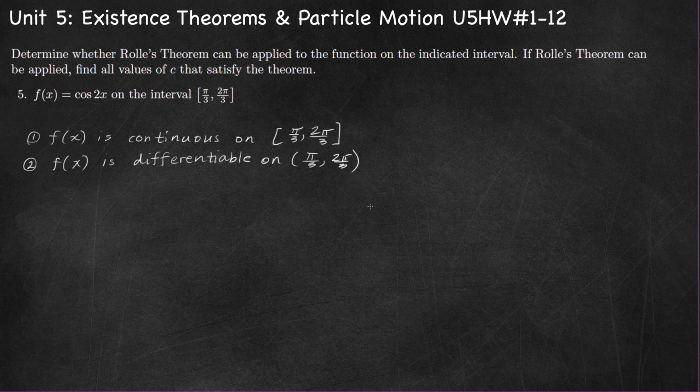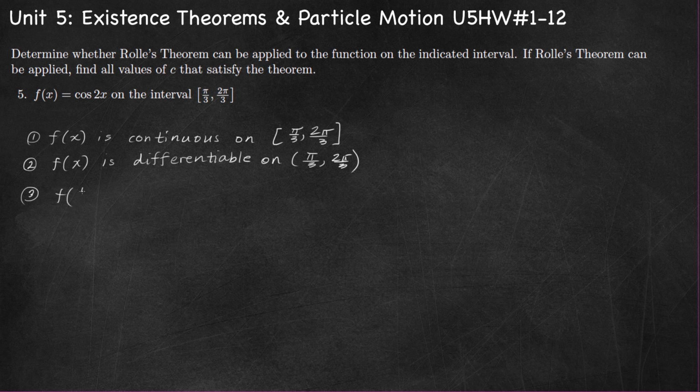And again, in this particular example, since it is continuous and differentiable everywhere, it would be okay if we combine these two steps together and said f is continuous and differentiable on the closed interval. And then we want to check our endpoints.